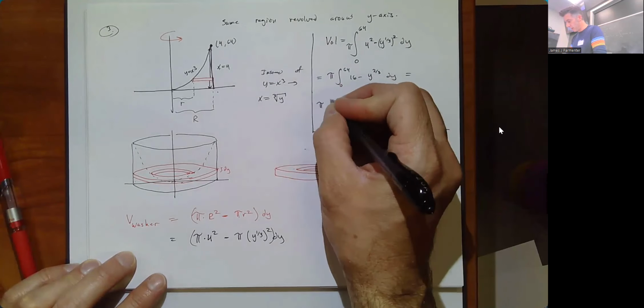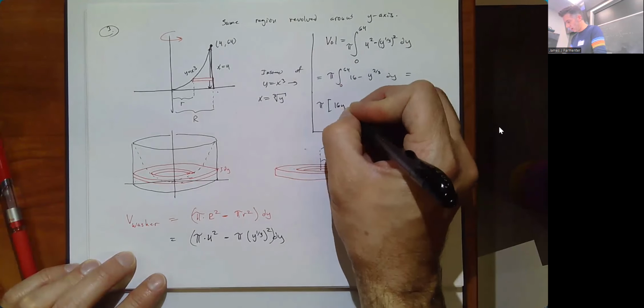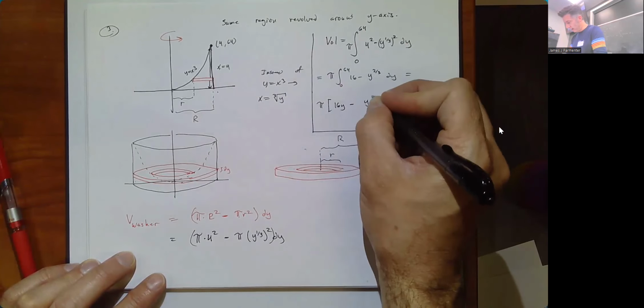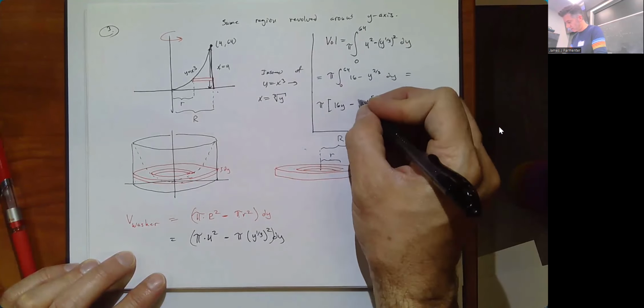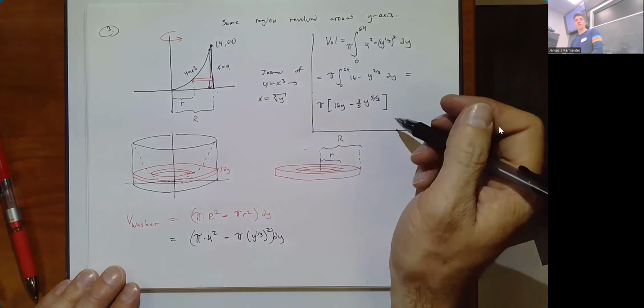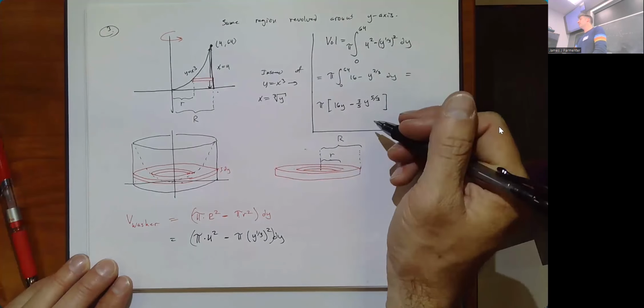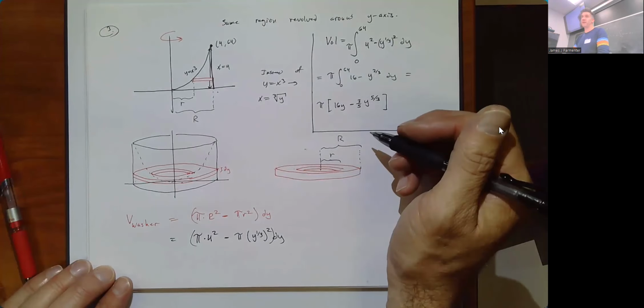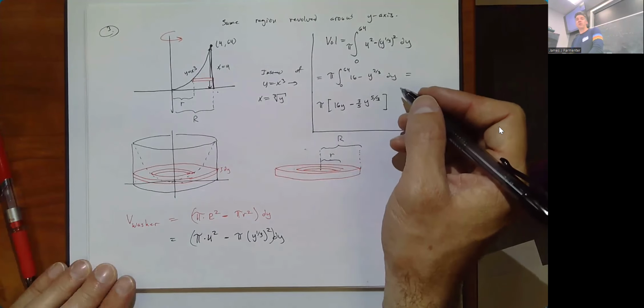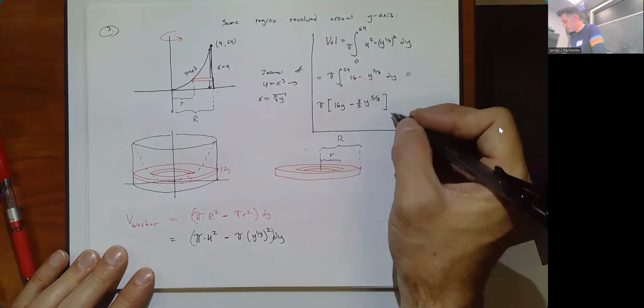Integrating, the antiderivative of 16 is 16y. The antiderivative of y to the 2/3 is y to the 5/3 divided by 5/3, which is times 3/5. This is one of the reasons why people say something like, set up, but do not evaluate the integral for the volume of such and such thing, because the actual integral ends up being just gross.